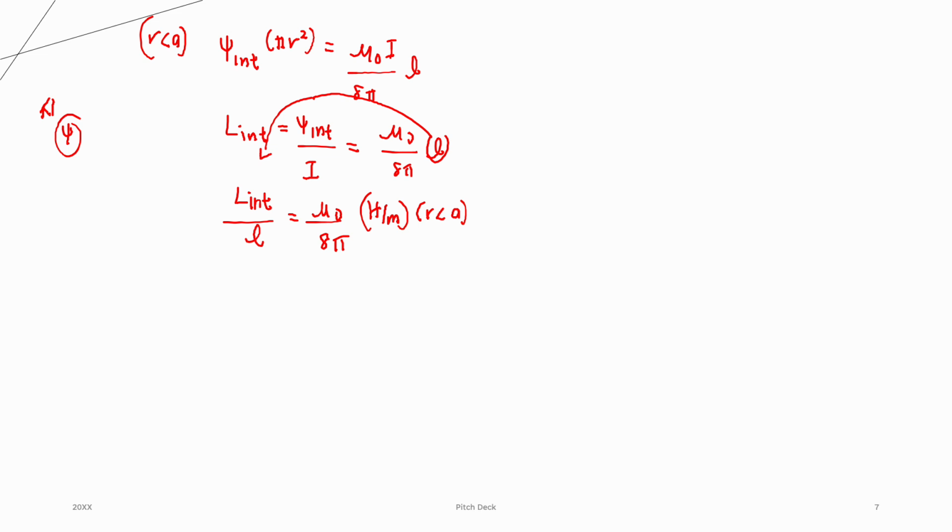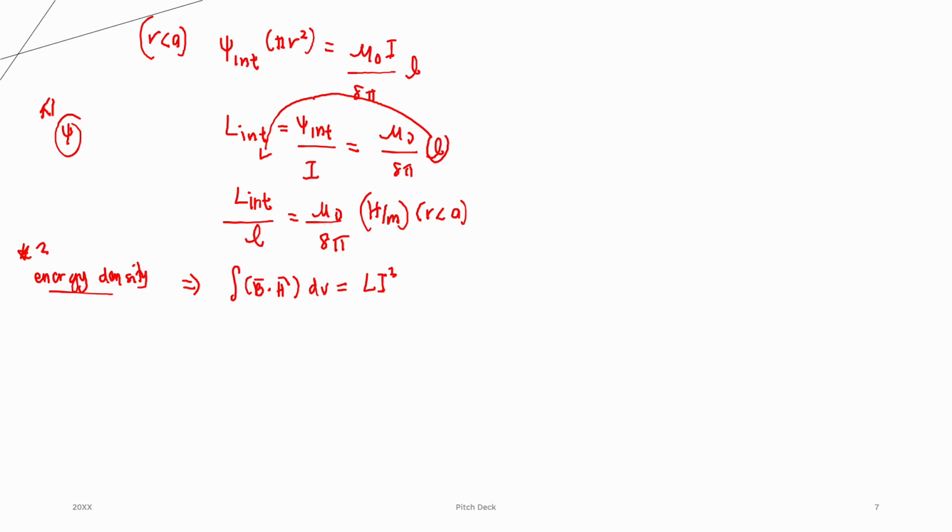There is another method that we can use. As I mentioned earlier, we can use the second method, the energy density. So now let's look at the second method using the energy density. Energy density can be determined by using the integration of B dot H dV equals L i squared.